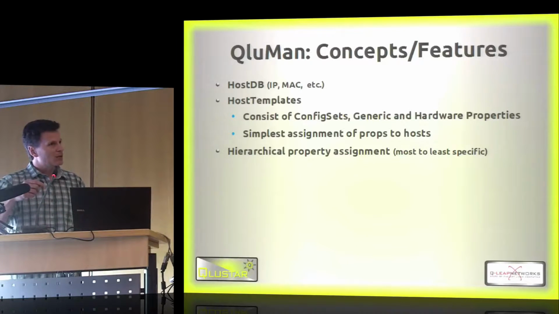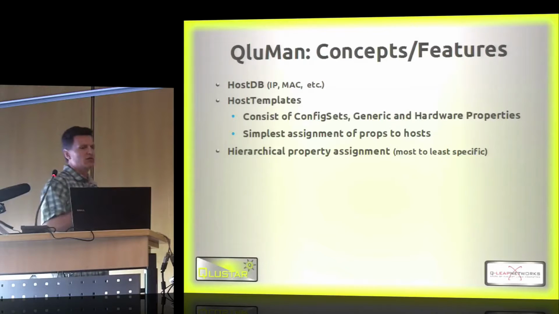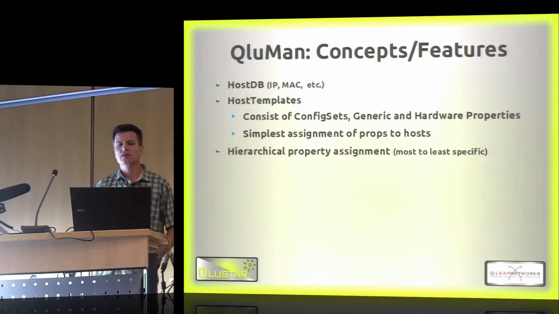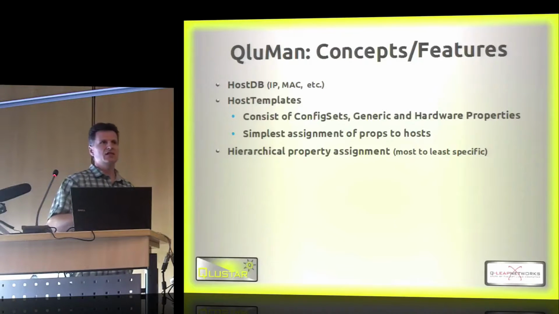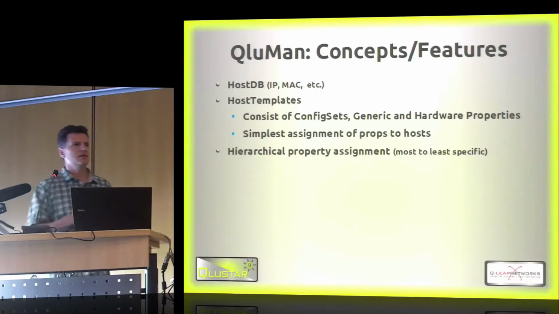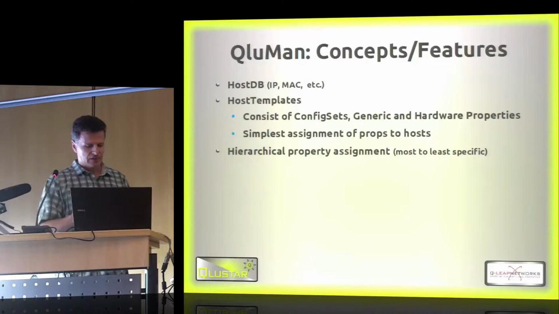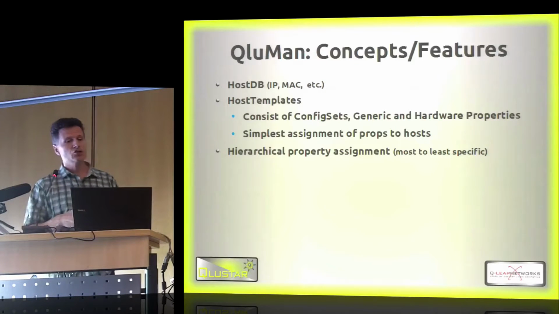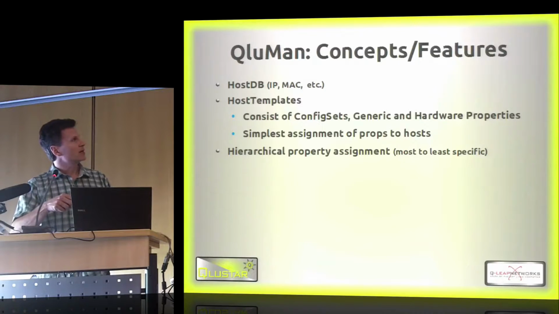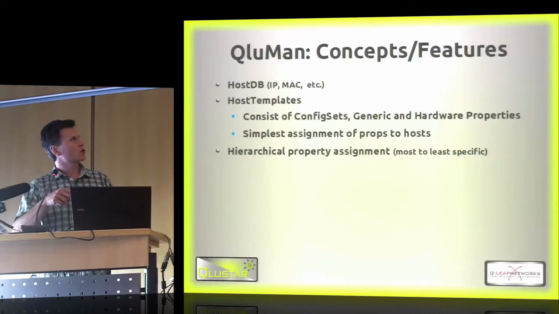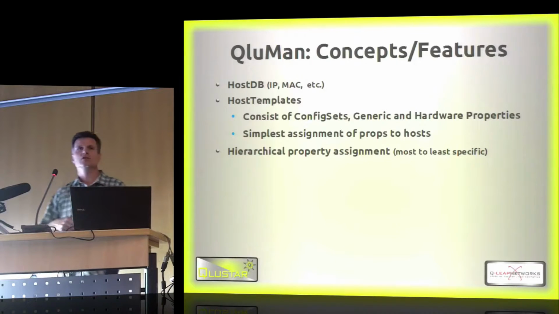Then, because this is often not specific enough, we have a hierarchical property assignment. The idea behind this is to have a most to least specific assignment of properties. So in addition to assigning a host template to a node, which has to be done, you can, if you need to, also assign config sets or generic property sets directly, or to be even more specific, directly assign properties or configuration classes to the nodes.